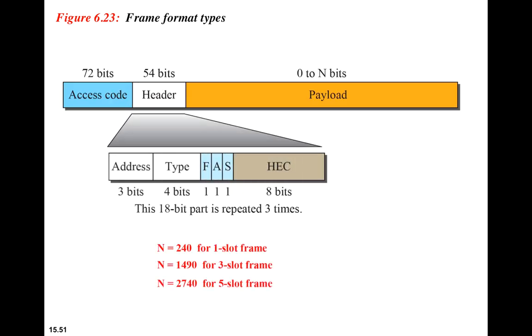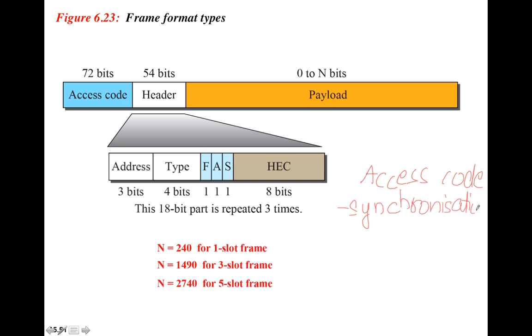Now we are looking at the MAC layer frame format. The first 72 bits contain the access code, okay? And this access code is used for two purposes. You will have synchronization.